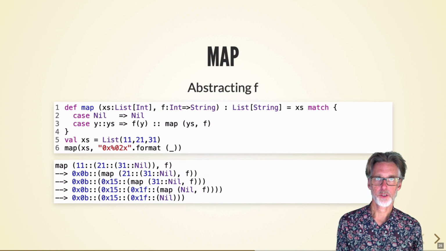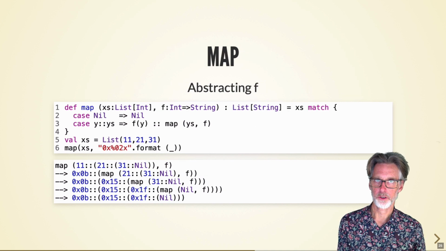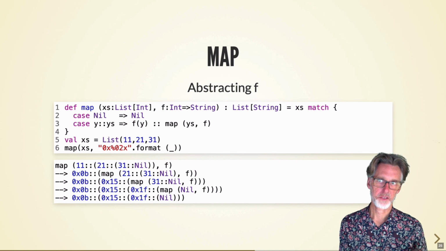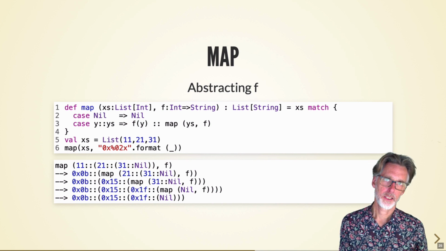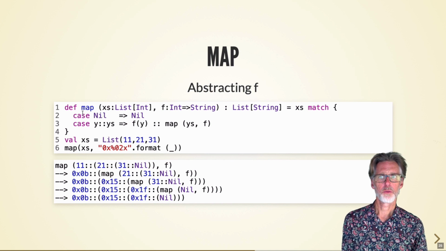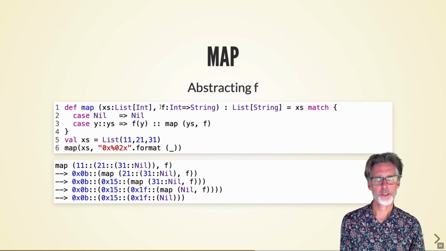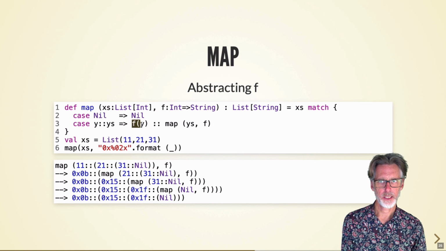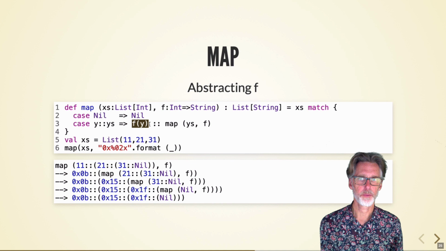Just as we abstracted for the FOREACH function, we can also abstract for this kind of transformation. The resulting function is called map. What we're going to do first here is to just abstract out the transform that we're performing on each element of the list.